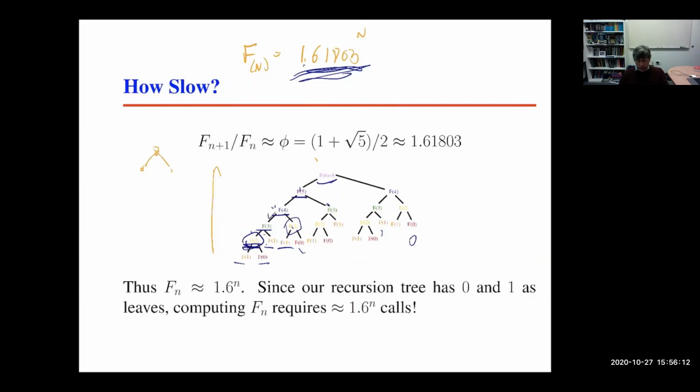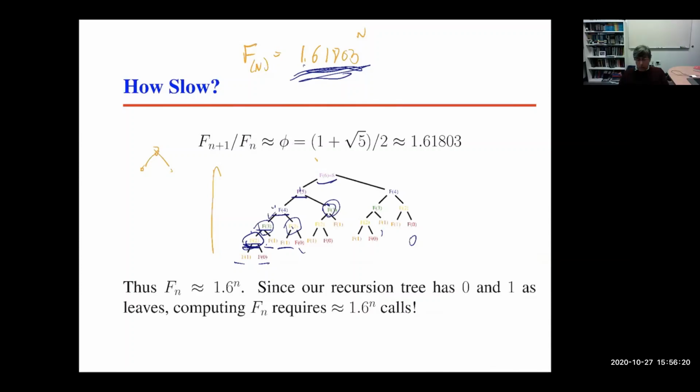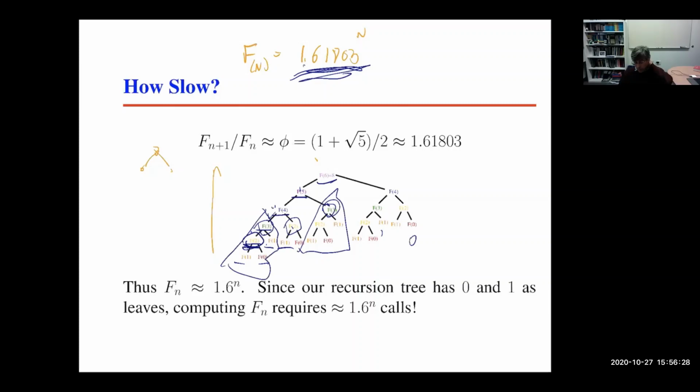When we get to here, we know what fib of 3 is, but when we go over here, if we're just doing a naive recursion, it's going to do this subtree again, even though it had already evaluated that subtree. It's going to do this entire subtree again.